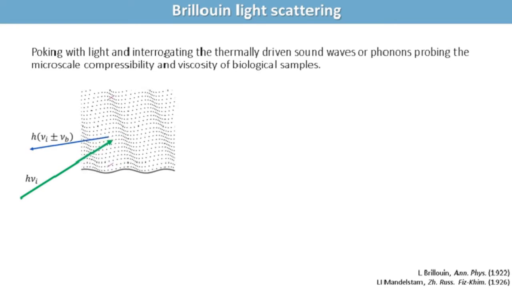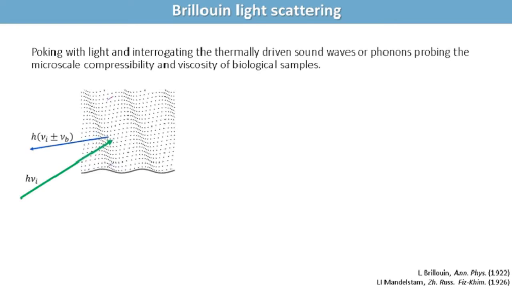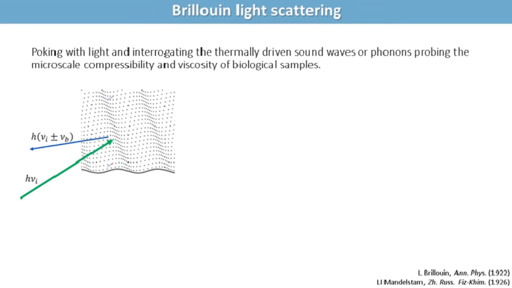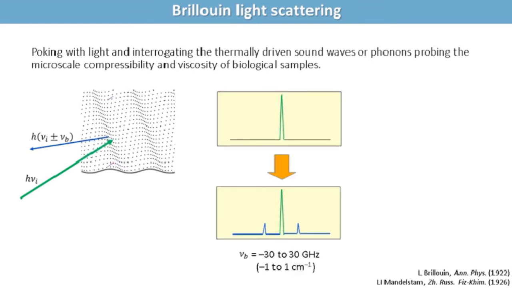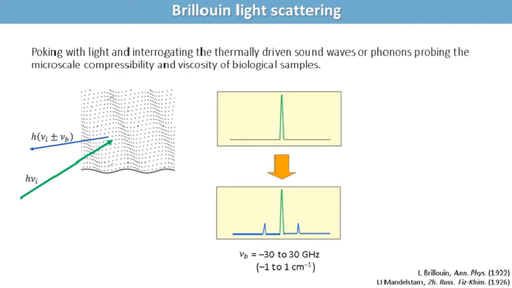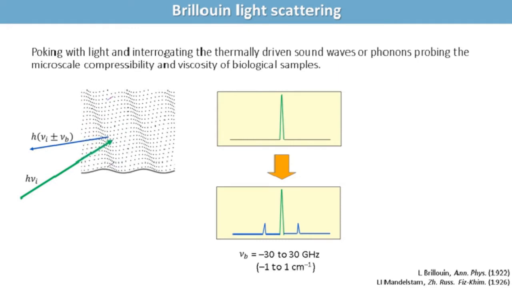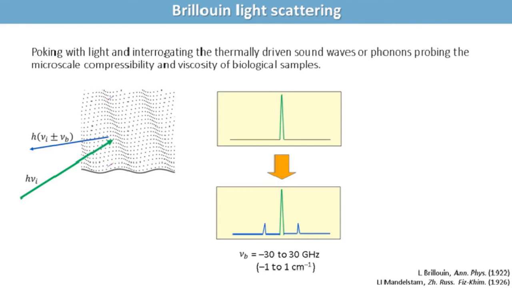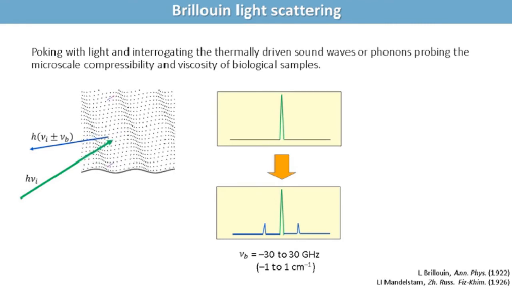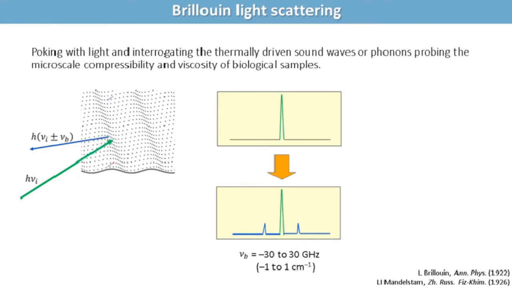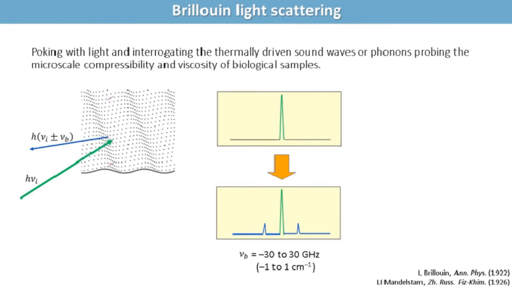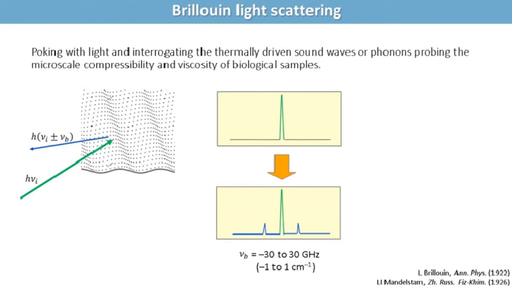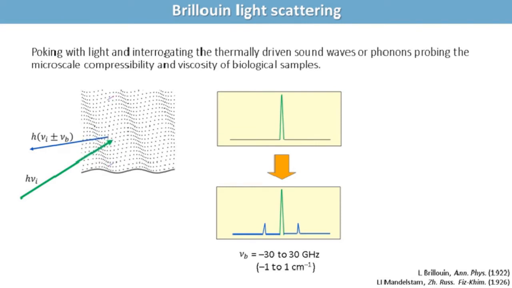The interaction causes a shift in the frequency of light, and the spectrum that we measure is in the gigahertz frequency range. So we are very close to the elastic light in green, and it's also a very weak effect that poses some constraints on the quality of the setup, as I mention later.